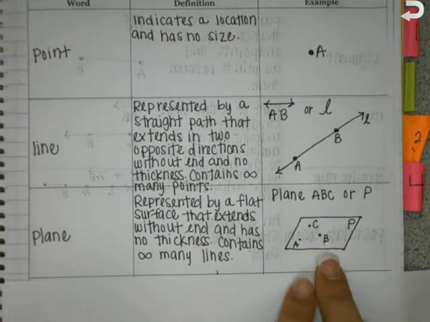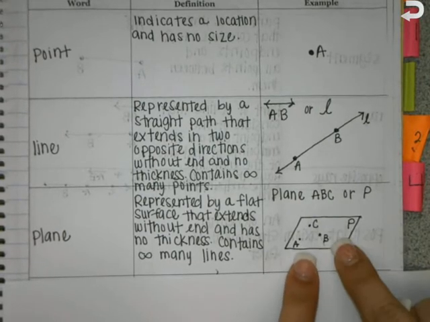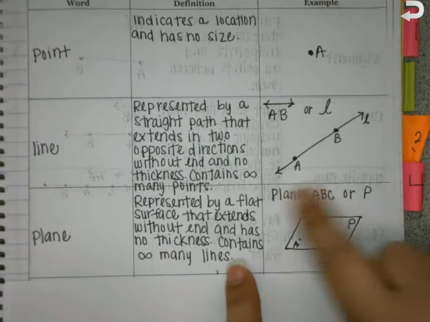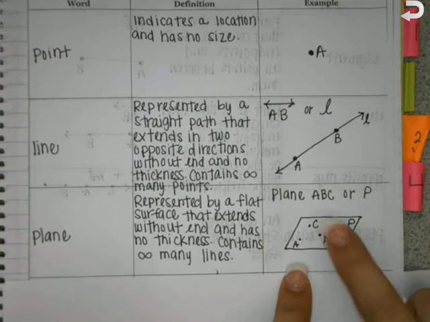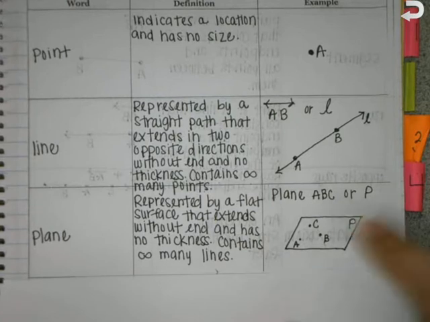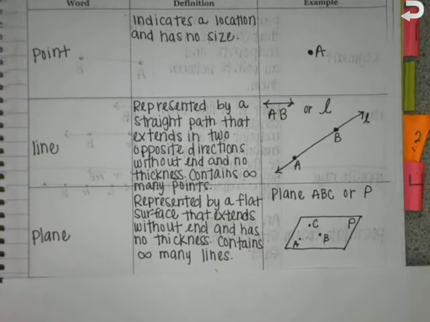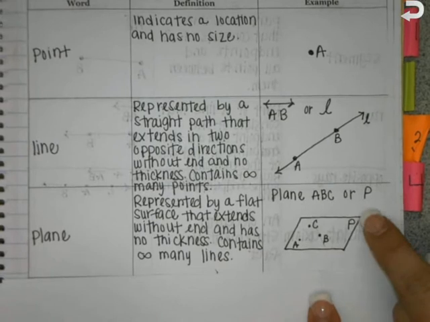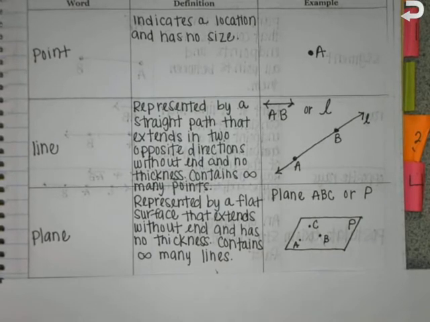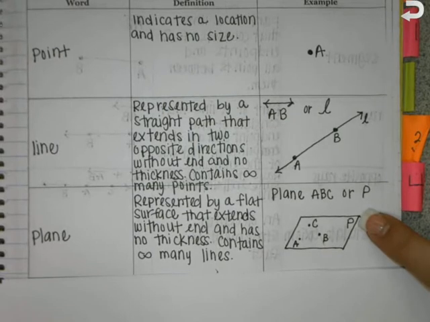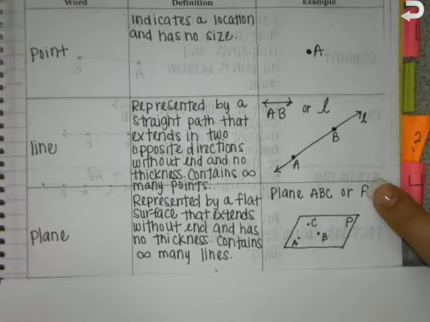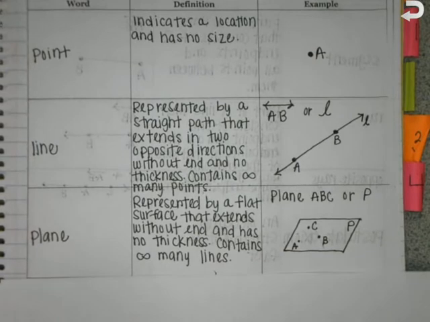And we can name a plane using 3 points inside the plane. So this plane that I drew contains points A, B, and C. So we can identify it by calling it plane ABC. You must use 3 points. Or we also identify it with a capital letter, just like we do a point. And we could call this one plane P. So usually if a plane is represented by a capital letter, that letter is in one of the corners and doesn't have a point next to it. So that's how you know that that's the name of the plane.